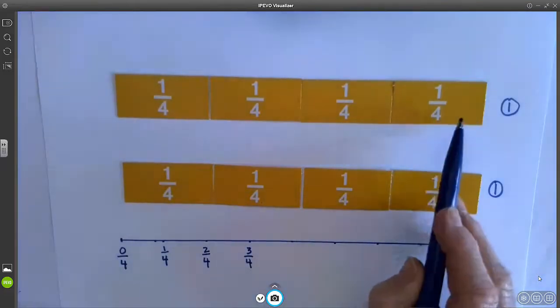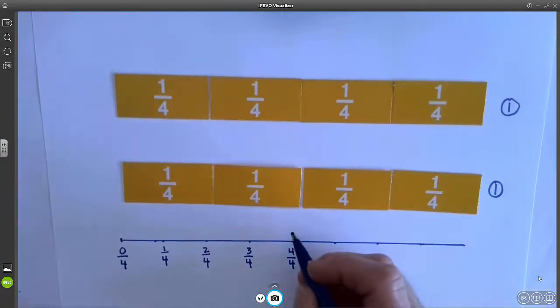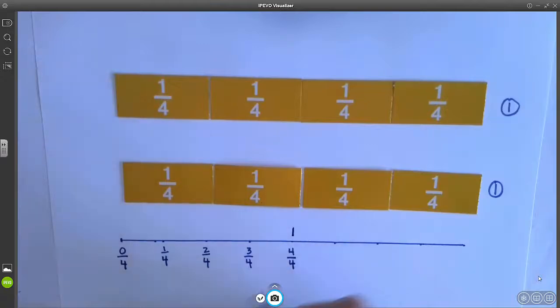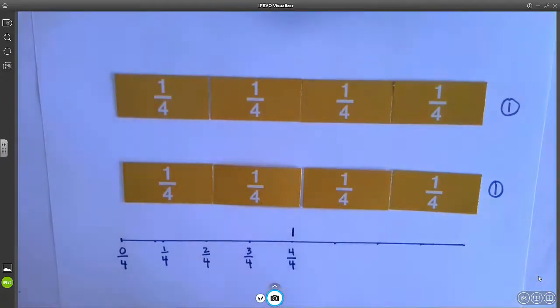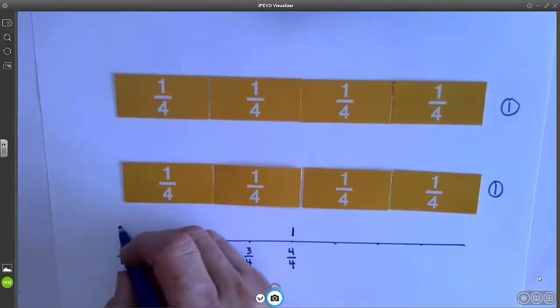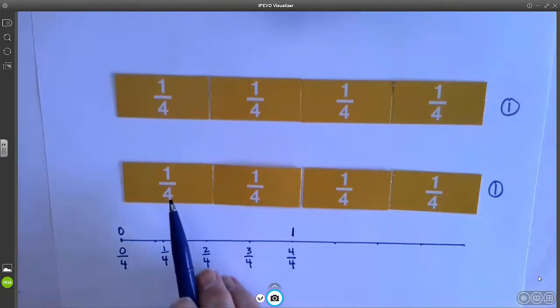Now we have 4/4. And we know that 4/4 is also represented by 0. Or excuse me, by 1. By 1. I was thinking of writing a 0 over there. And now we'll continue on, now that I'm back on track.